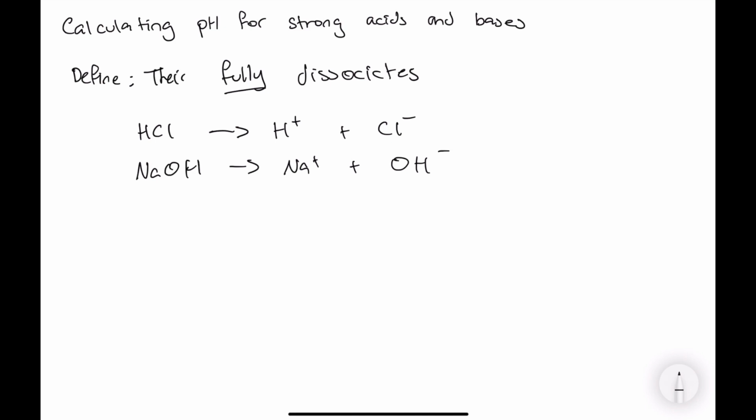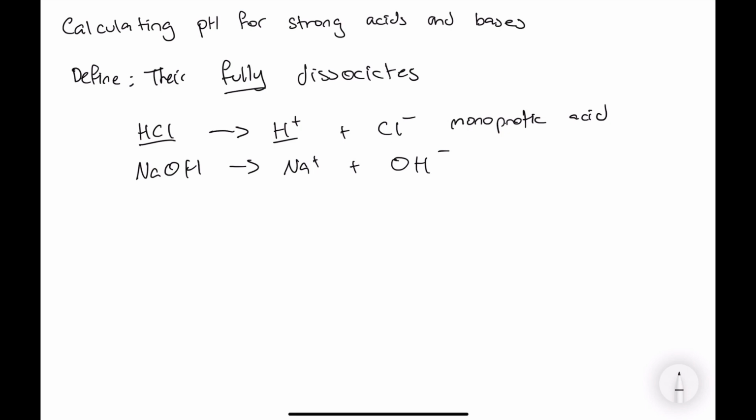There's another terminology you'll need to know, in that there are two different types of acids, and it refers to how many hydrogen ions it dissociates into. So for example, HCl is a monoprotic acid because it only releases one H+.